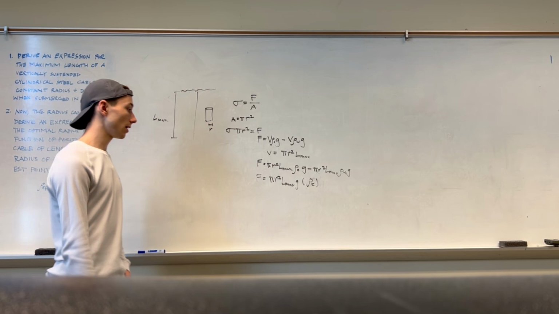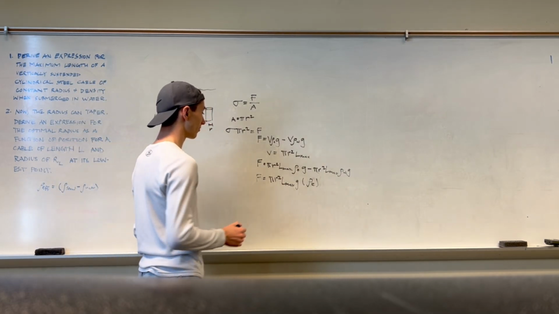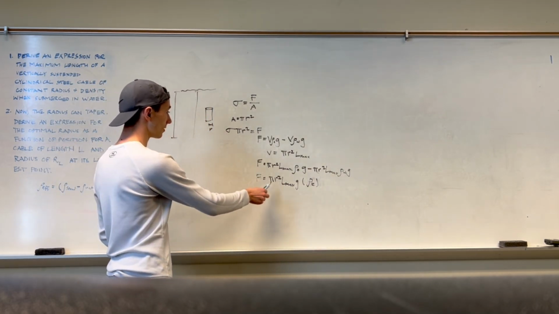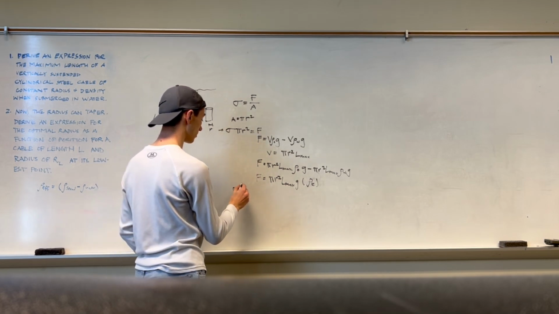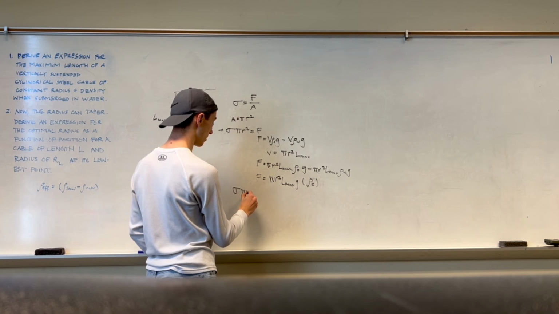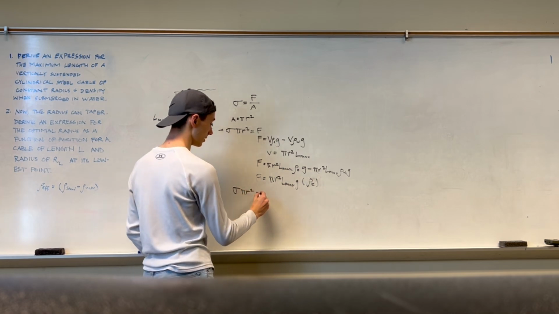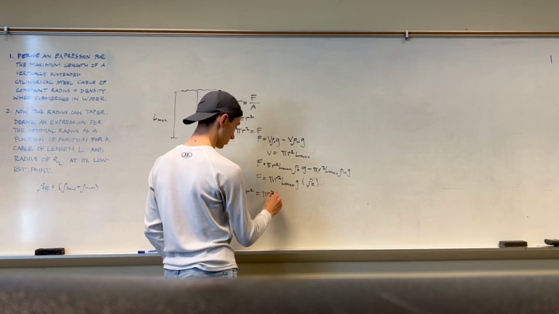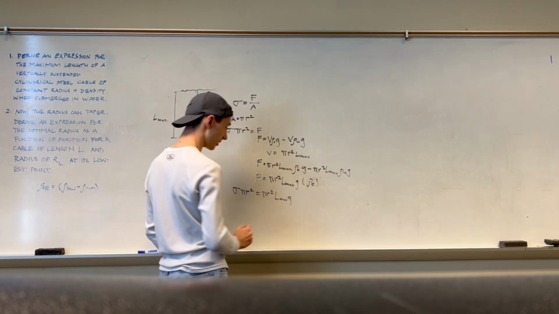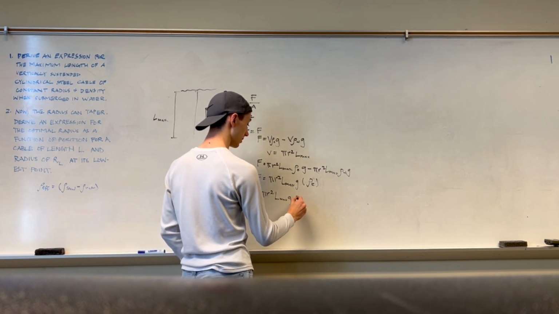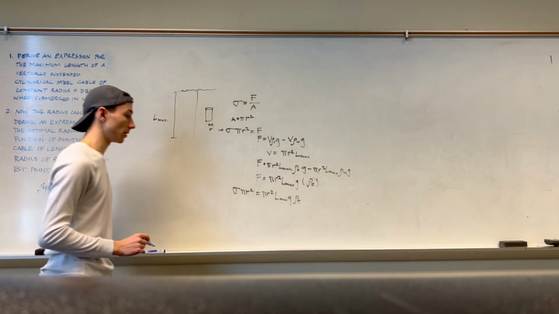All right. Now that we have that in place, we have an expression for force, and I believe we can substitute this all the way back into our original expression here. And we get the strength of material times pi r squared is equal to pi r squared times the length times gravity times the effective density of steel and water.